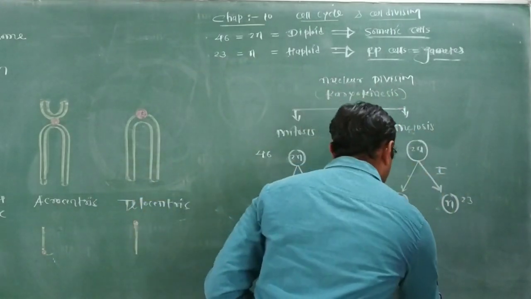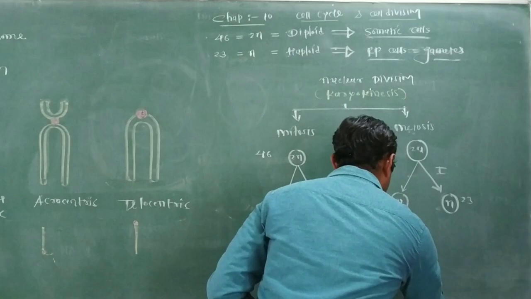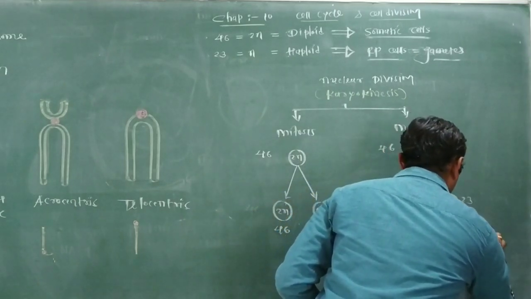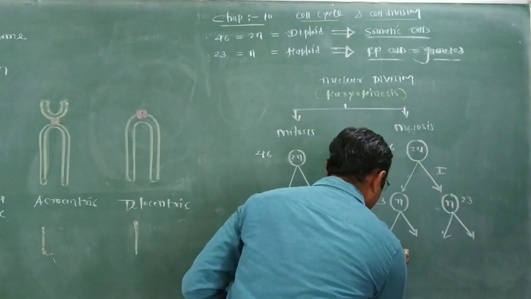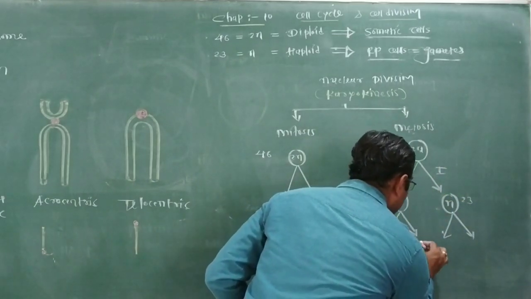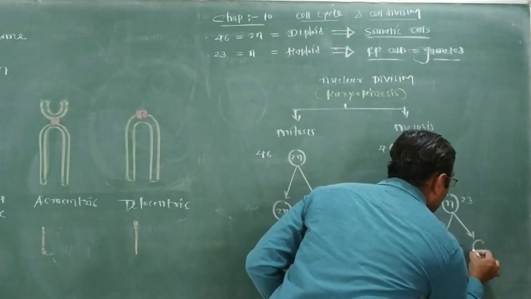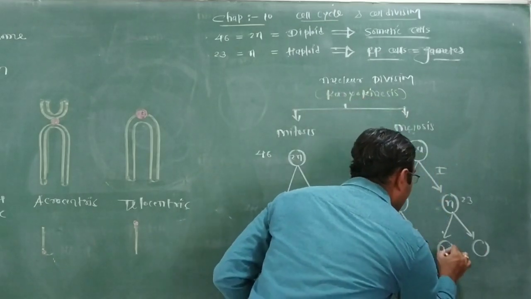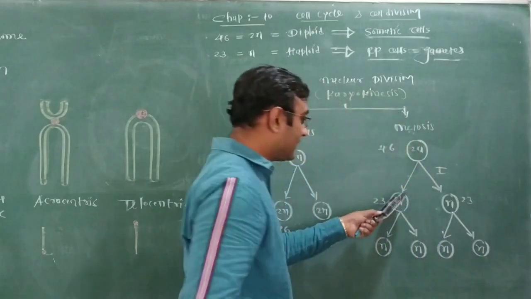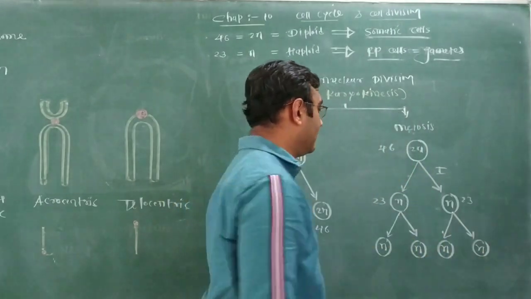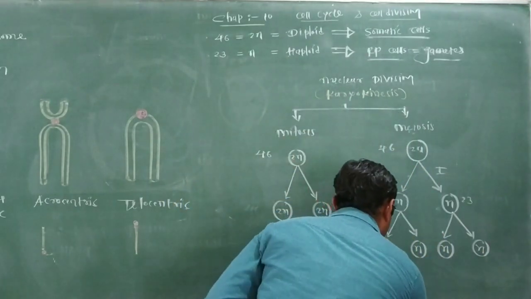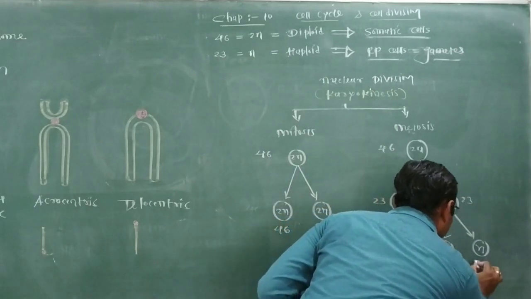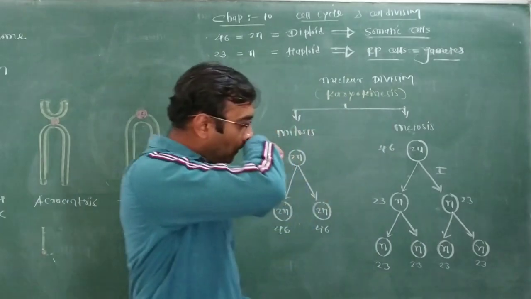Now in the second phase of meiosis, both cells once again divide into two each. So the total number of cells produced is 4, and each has the same number of chromosomes, n, meaning 23, 23, 23 and 23 chromosomes.